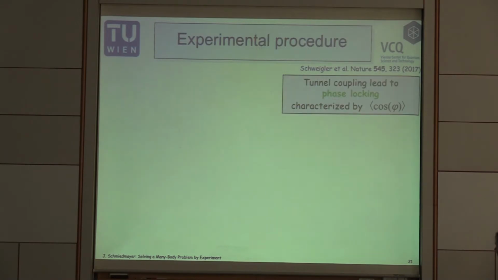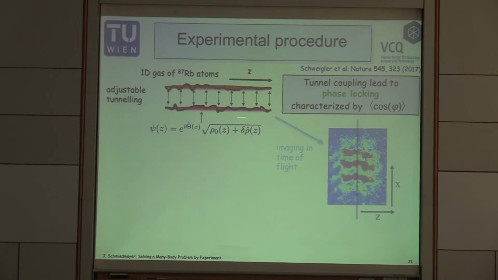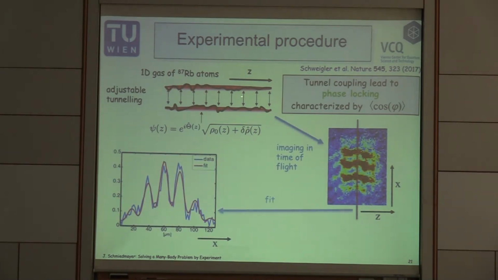Now, from these interference patterns, say you have two superfluids that are tunnel coupled. You switch off the trap. In time of flight, you get an interference pattern. You take each of those slices here, and from that, you can basically extract the phase difference between the two condensates.